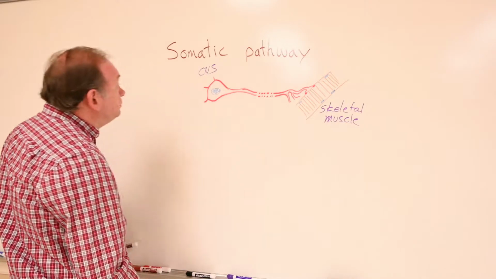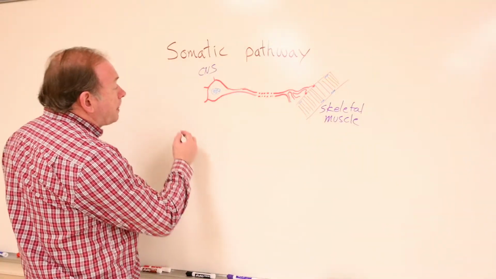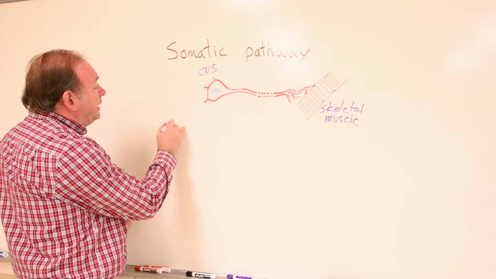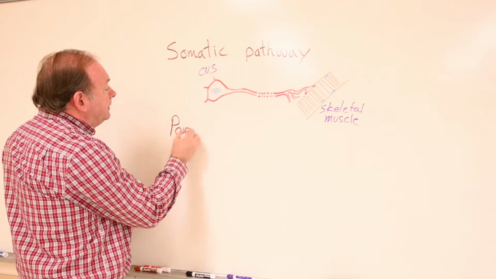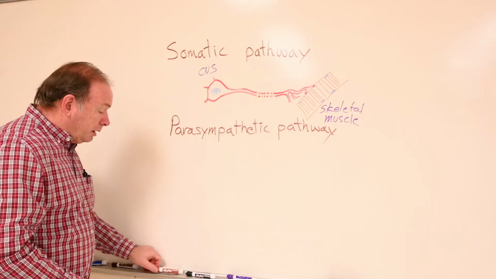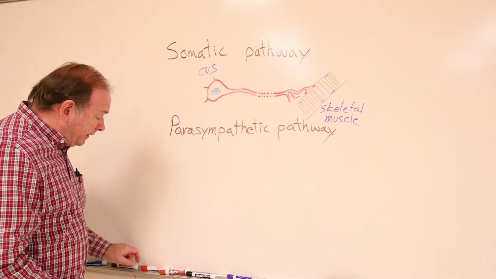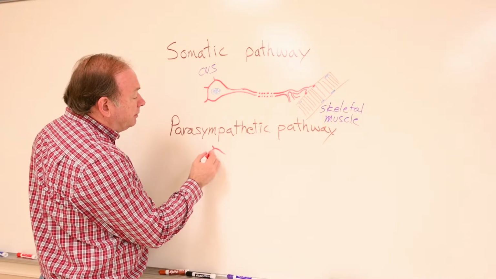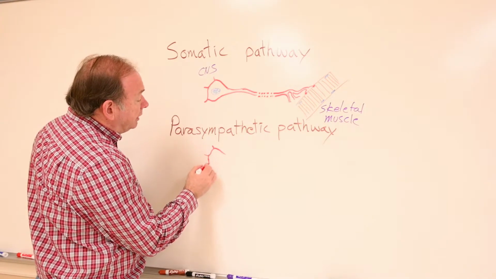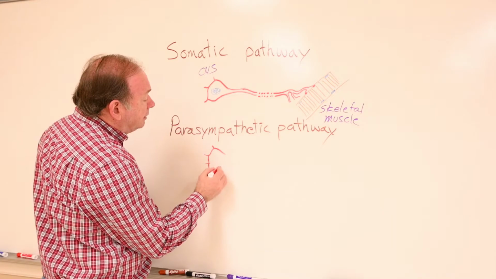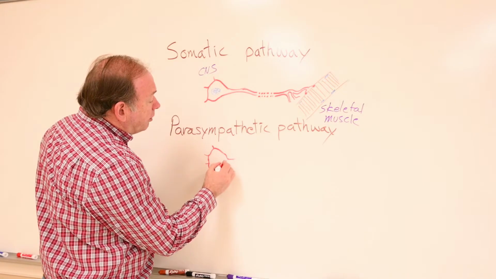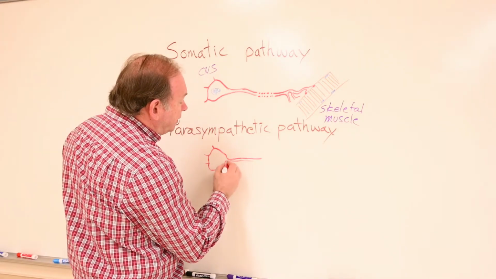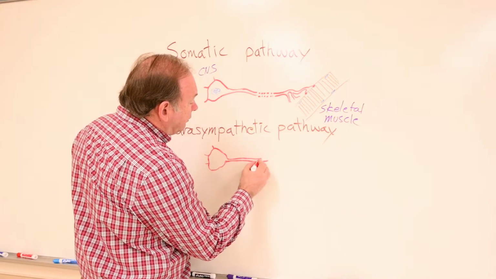Next, we'll do parasympathetic. In the parasympathetic pathway, we still have a neuron within the central nervous system. It's in a little bit of a different location than what we had with the somatic nerve, and it reaches out, and we have what's called a preganglionic nerve fiber.